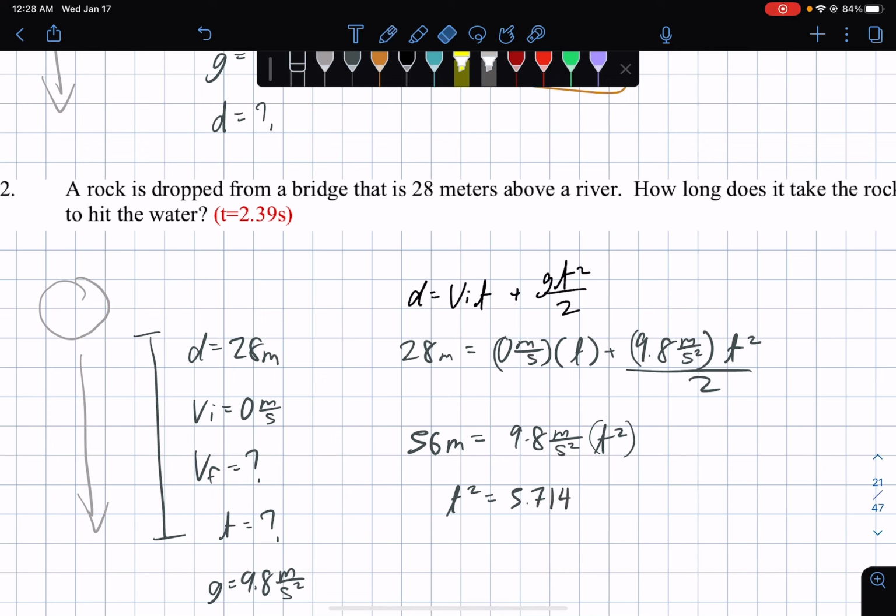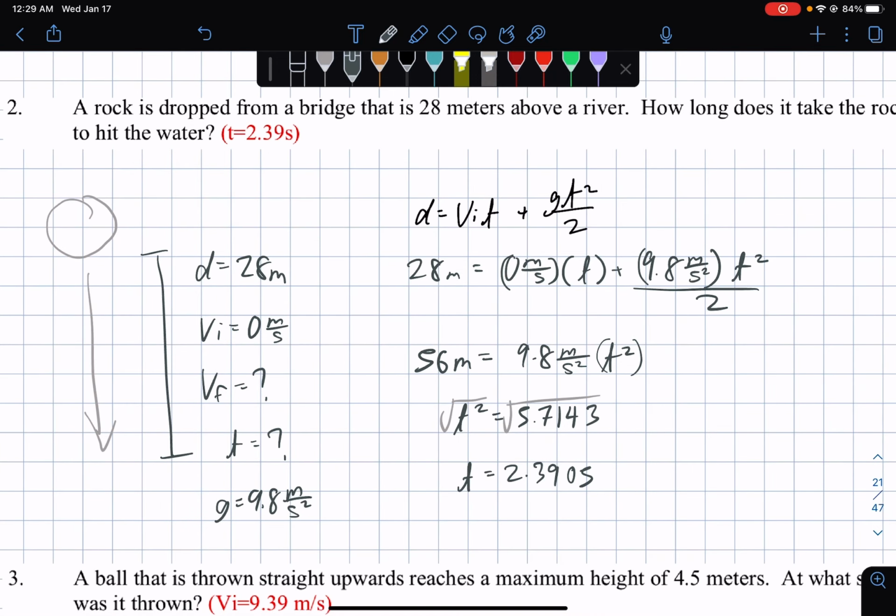2 or 3. And then place a radical sign. 2.3905.